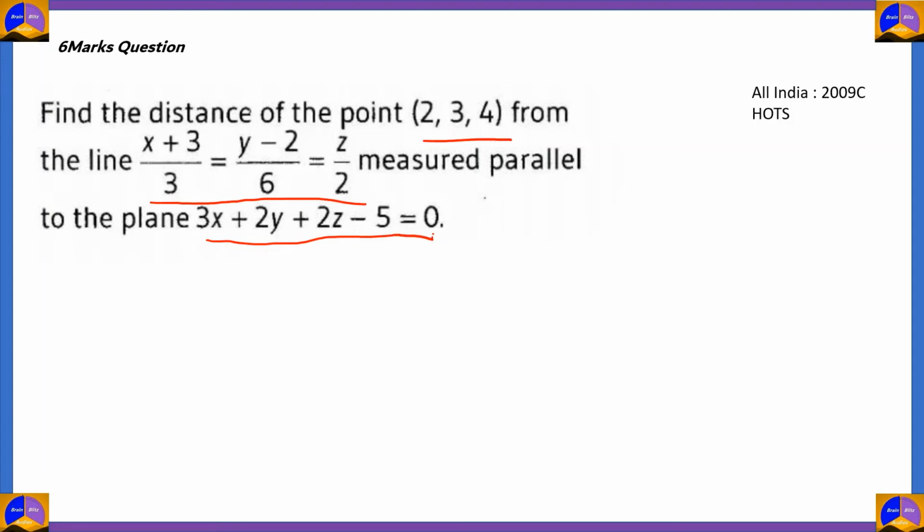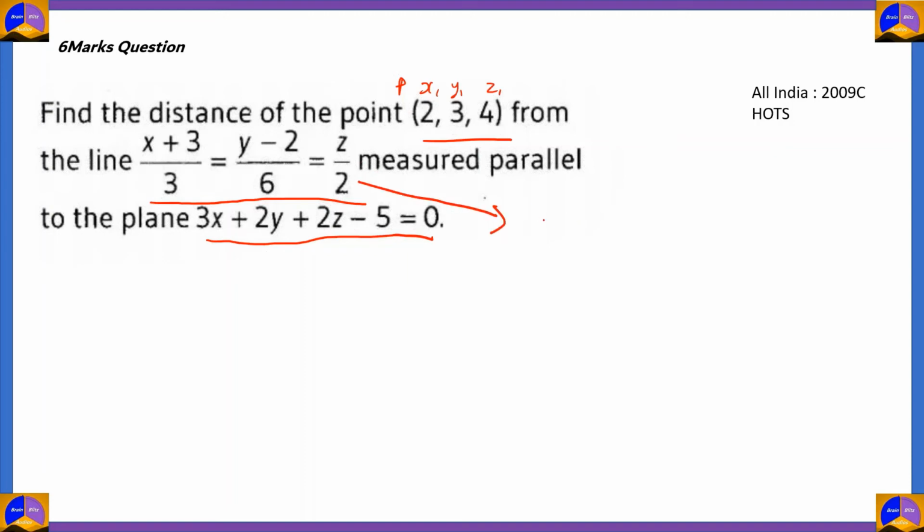So in this question, we are given a point P, let's consider this as P, having the coordinates 2, 3, and 4. Let's consider them as x1, y1, and z1. And we have a line x plus 3 by 3, y minus 2 by 6, and z by 2.